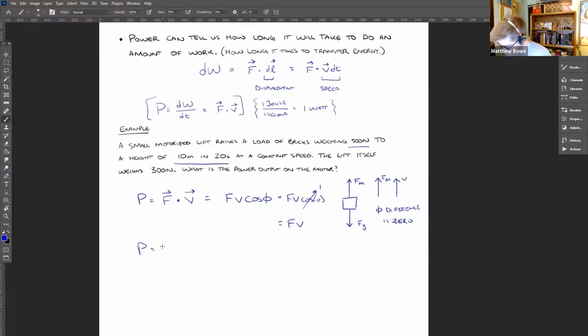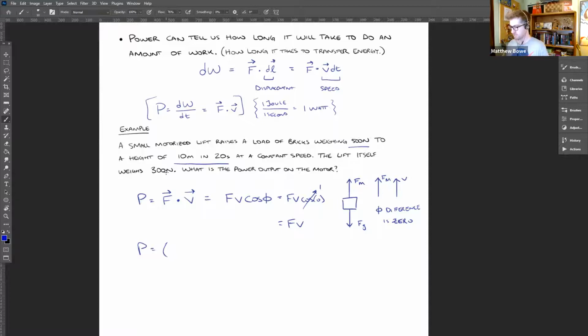Pretty simple calculation now. The force, I should have a little subscript right here. This is the force of gravity, the weight of 300 newtons.